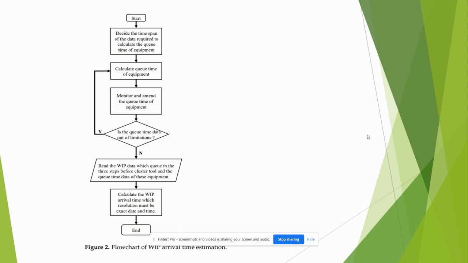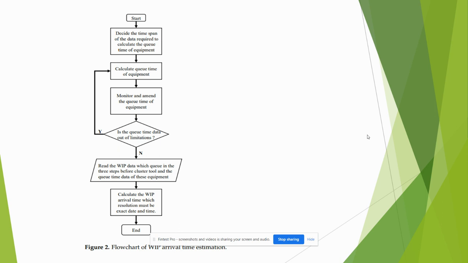The algorithm flowchart starts by deciding the time span of the data required to calculate the queue time of the equipment. Next it calculates the queue time of the equipment, then goes to monitor the queue time of the equipment, and checks whether the queue data is within limitations.